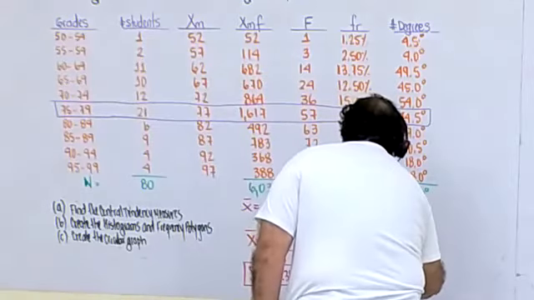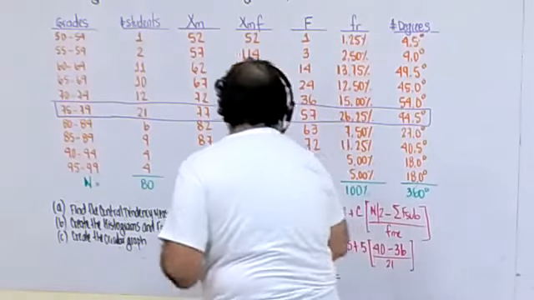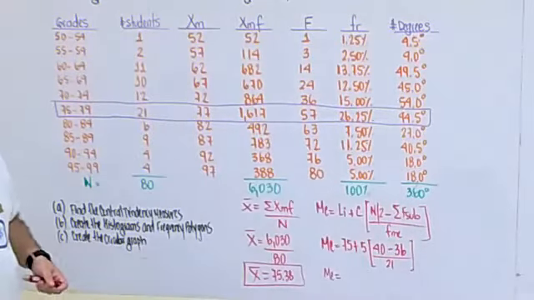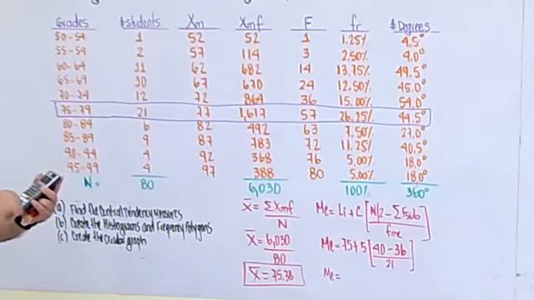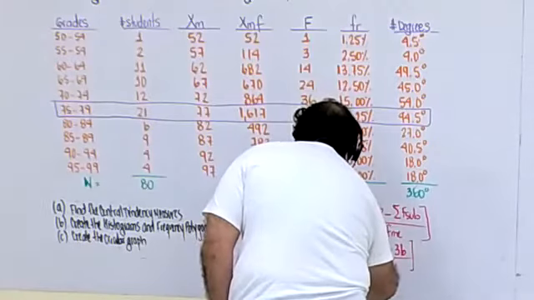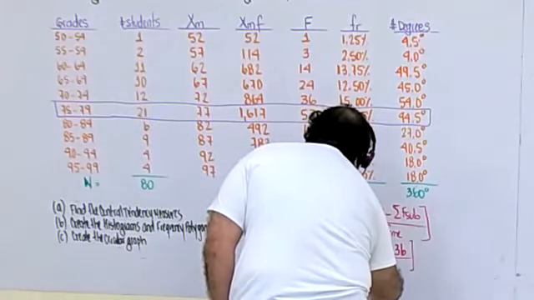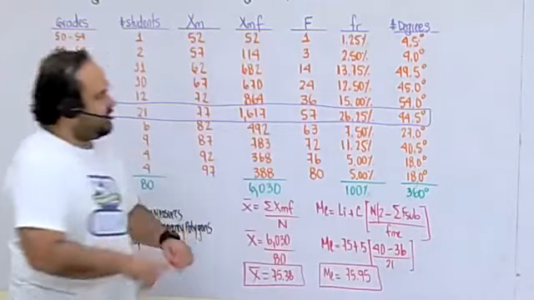Because we have the whole data, the only thing that we have to do is solve the equation, okay? 40 minus 36 is 4, divided by 21, multiplied by 5, adding 75. For that reason, the result will be 75.95. This is going to be the median.